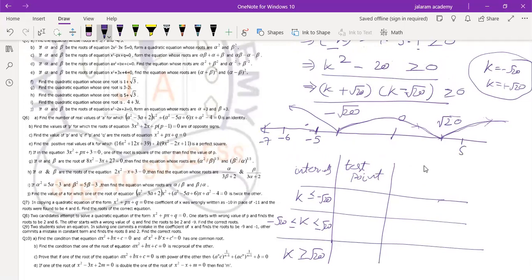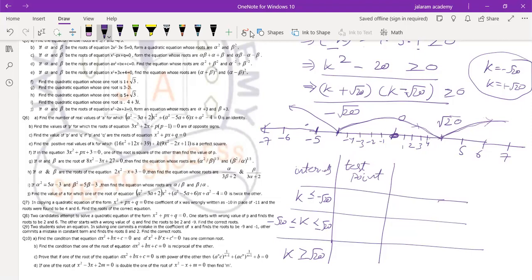And 5, 6, 7 will be greater than root 20. And 0 will lie between minus root 20 to root 20. Is that clear to you? 4, 3, 2, 1, minus 1, minus 2, minus 3, minus 4, and minus root 20 will lie between minus 4 and minus 5. Root 20 will lie between 4 to 5. Is that clear to everyone?